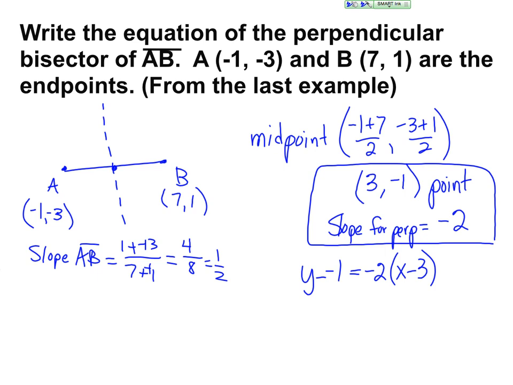Then simplify it. Distribute. I'm getting y equals -2x plus 5. Did that come out right, or did I goof up? Am I good?